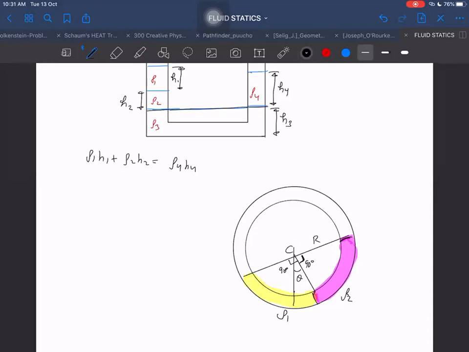Each liquid is a quarter circle, and we have to find the angular position theta of the interface with respect to vertical. Do that. This is a vertical circular tube.